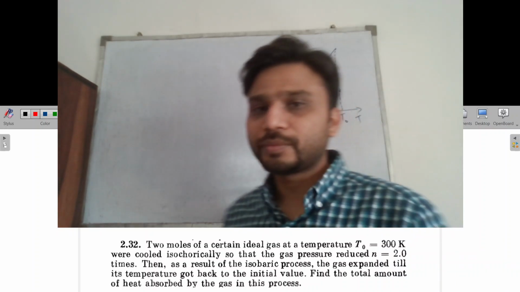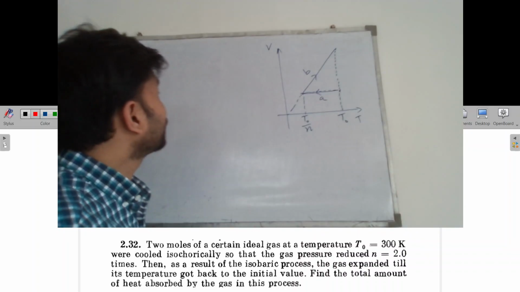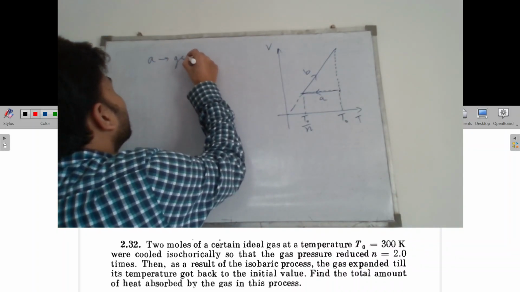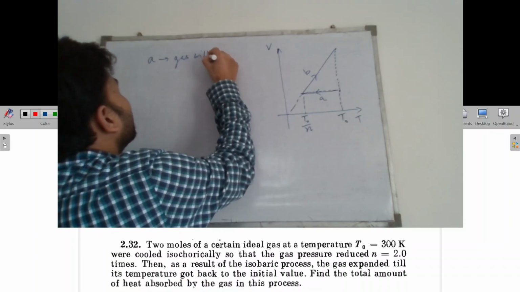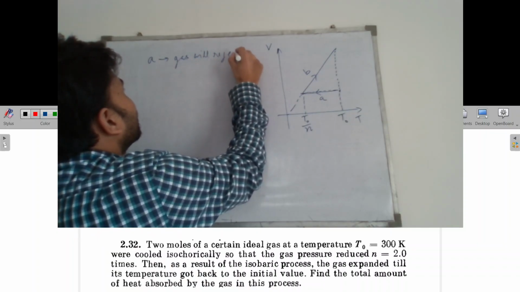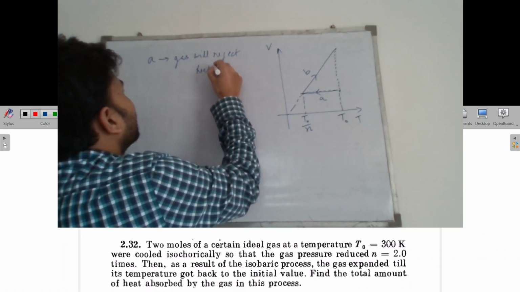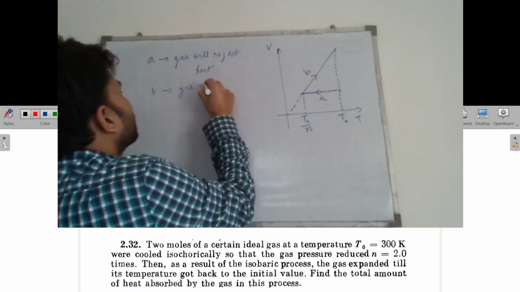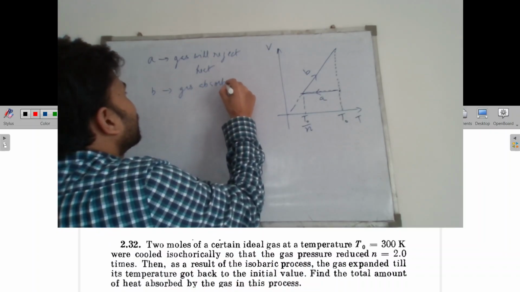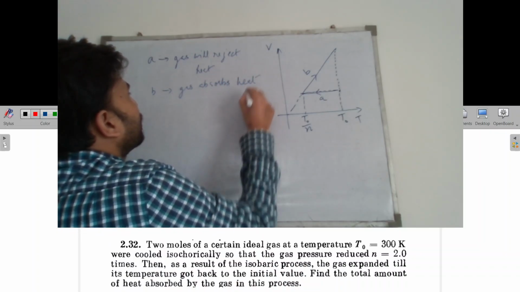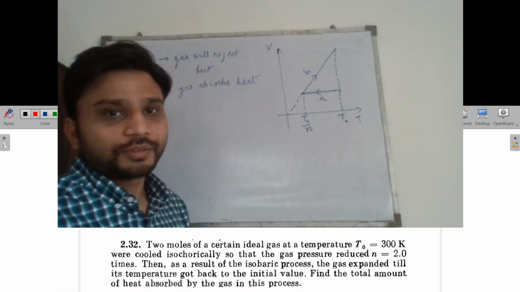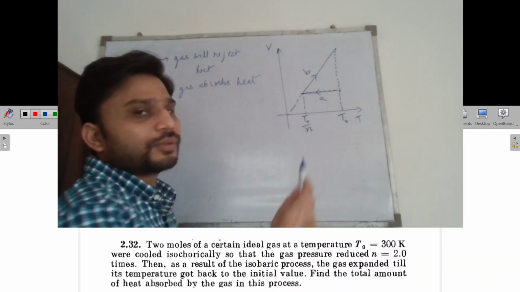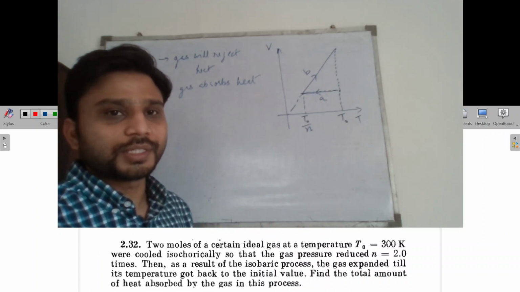So we know that in process A, the gas will reject heat, and in process B, the gas absorbs heat. From the graph itself, it is pretty clear that here the temperature is reducing, so the gas is going to lose its heat.